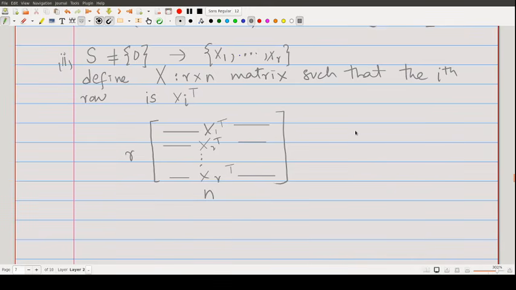Okay, and so we know the following. By construction, when I say by construction, it's because of the way we've built this matrix, we are guaranteed something.